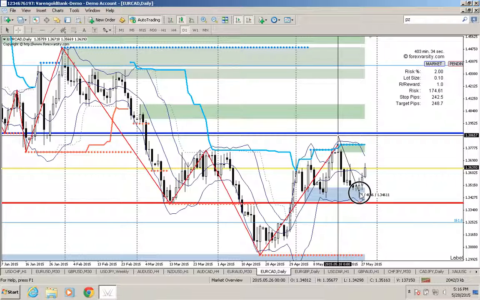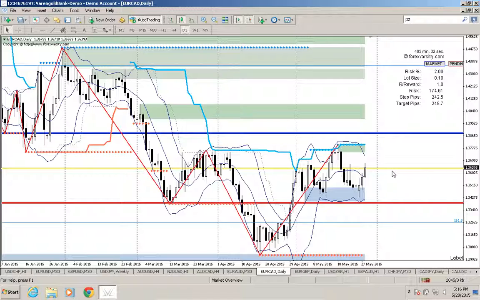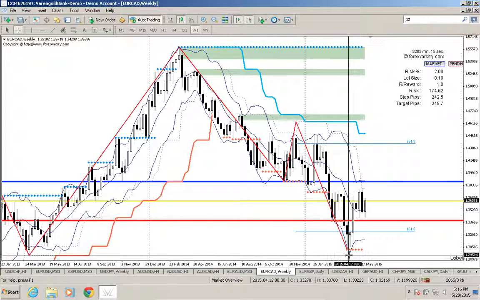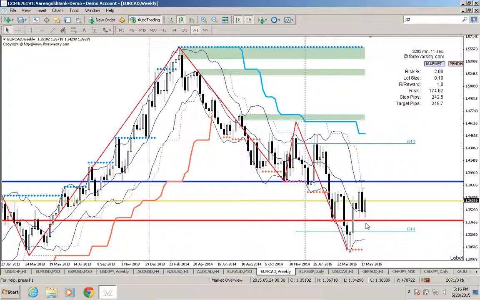So we know EuroCAD needs to do 2 things. It either needs to go up, make a new high, or go down, make a new low. If we go to weekly, we see trend is down. Also on weekly, it also hasn't made a new high or low in 6 candles.